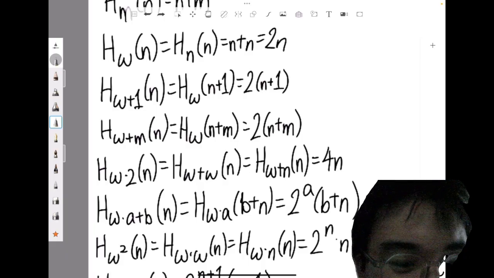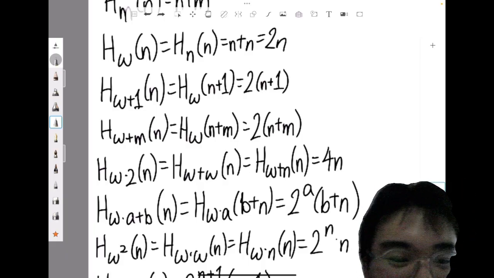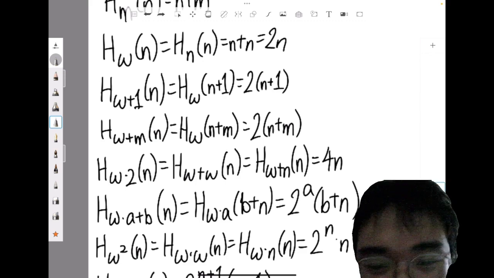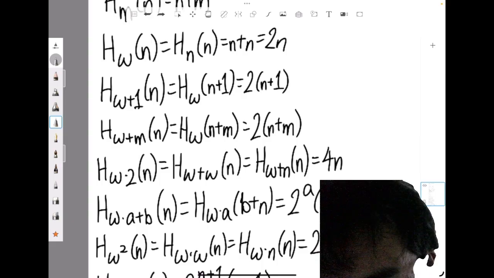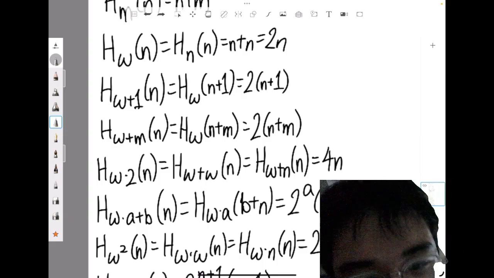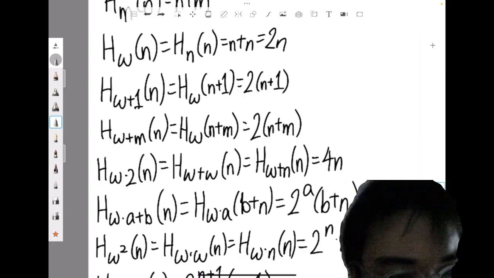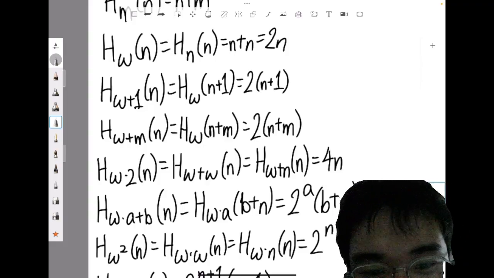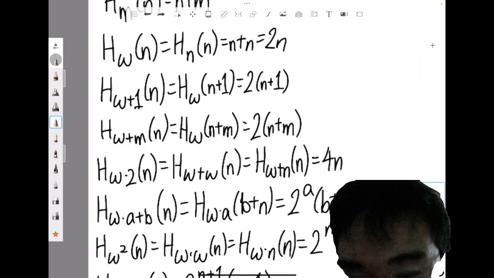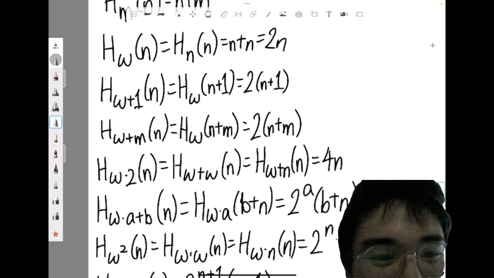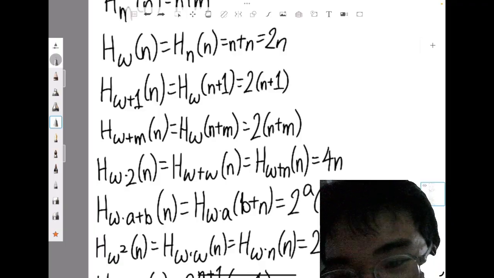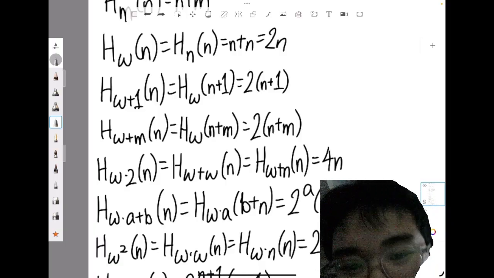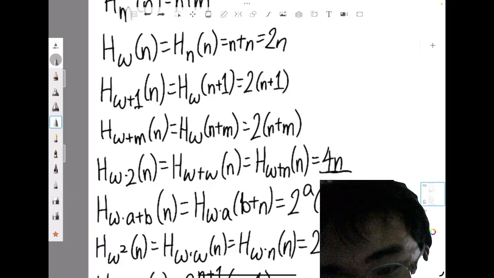When you continue, you will reach omega times 2, which is just omega plus omega, shown here. One of the omegas will be replaced by n. You never replace both of them, you just replace the last omega, and then you do the thing as we have done above, and that equals 2 times 2n, which is just 4n, as shown here.